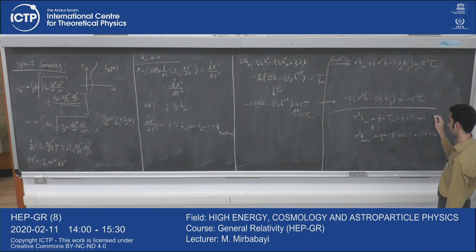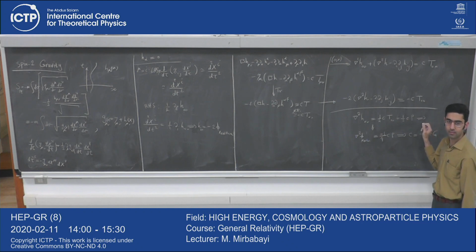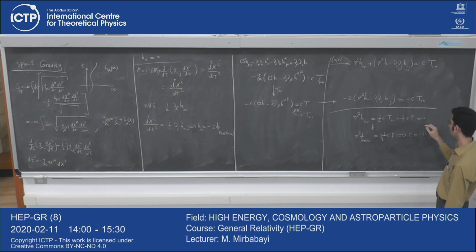I want to require that when we take the non-relativistic limit, we will find the Poisson equation. Yeah. So if we want to require that, it tells us that twice h_00 divided by c has to be equal to Newtonian potential divided by 4 pi G. Do you agree?